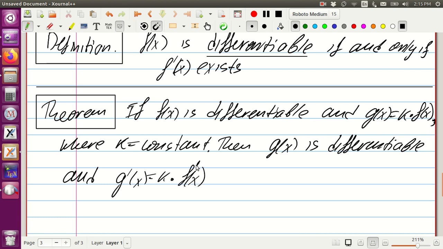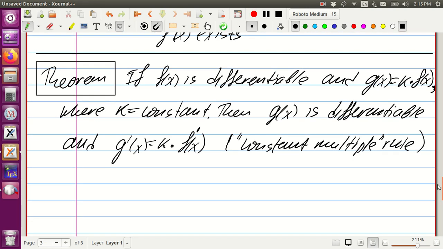So again, it's a constant multiple rule, but for derivatives. Before it was a constant multiple rule for the limits, but this is a constant multiple rule for the derivatives. It tells you that if you have k inside of the derivative, you can always take it and put it outside.